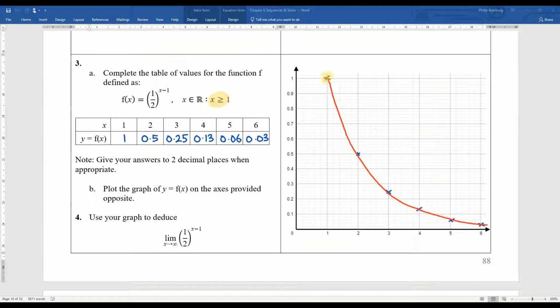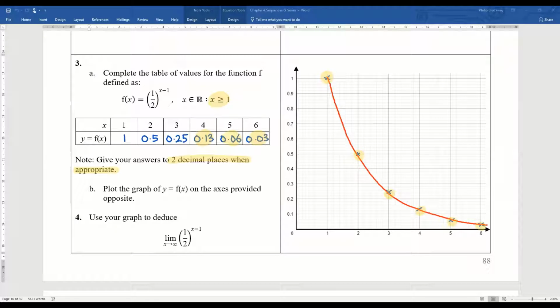So make sure you start your graph at the same point. And I've asked you to round to 2 decimal places when appropriate. It's just so it's easier to plot. So that would obviously affect these 3 values here. Okay, so we plotted all the points along here. So that's 3 done. And then for question 4, you're asked to state the limit as x approaches infinity.